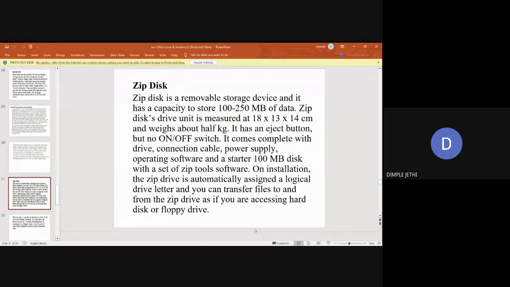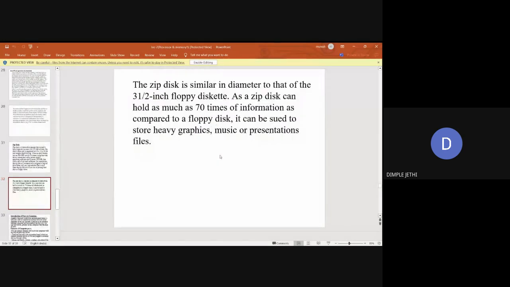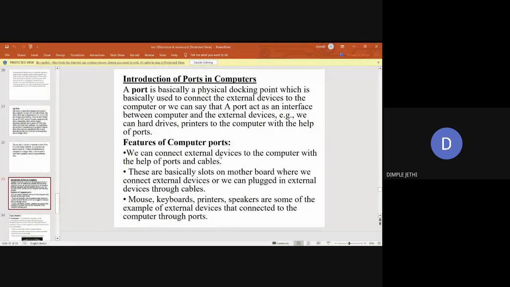It's kind of a complete set, which comes complete with drive, cable, power supply. Okay, it's operating software. So this is a complete disk in itself. It has its own drive also, cable also, disk also. So this is your zip disk.